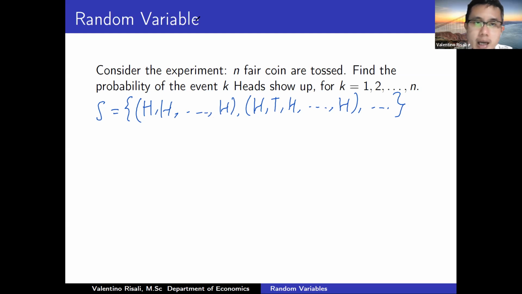So the idea is we correspond each element of the sample space to a real number. For example, we put this outcome to a real number x1 and this outcome to x2. This idea is called the random variable.